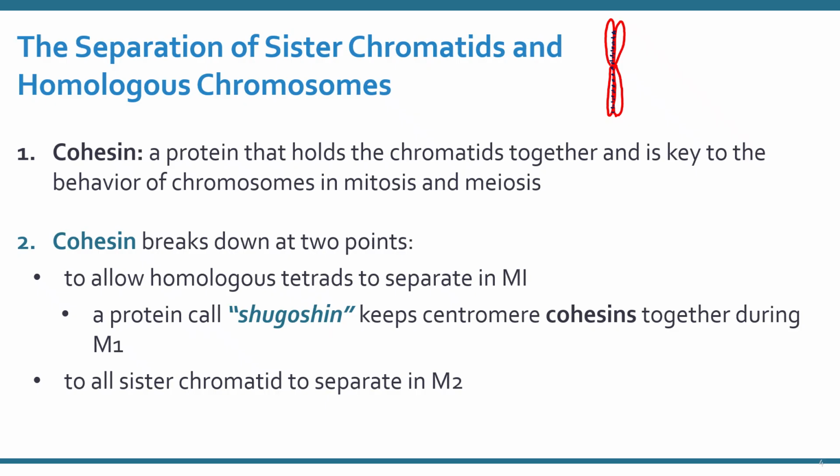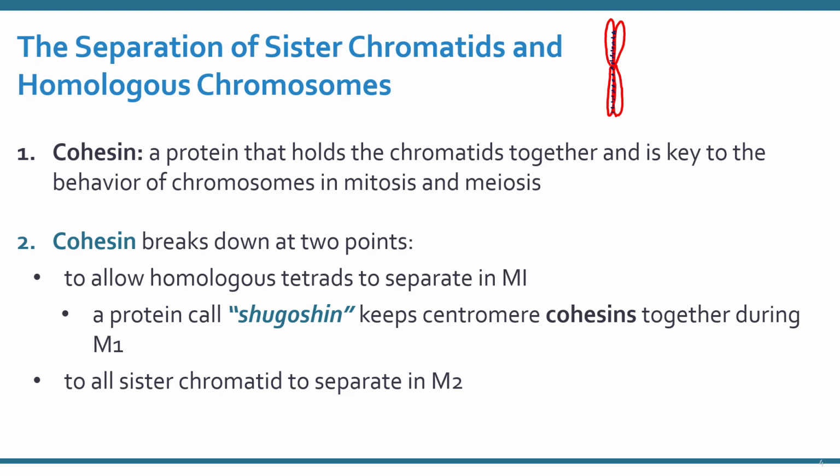Because if they separate incorrectly, we end up with altered chromosome numbers. So for example, Down syndrome. So we want to keep those chromosomes organized. We want to make sure that they are moved correctly and then they're separated correctly once we get to the metaphase plate and pull them apart.